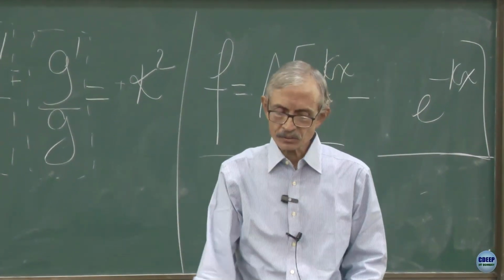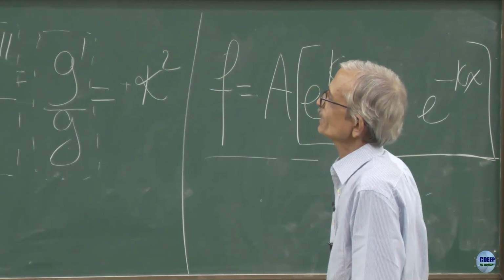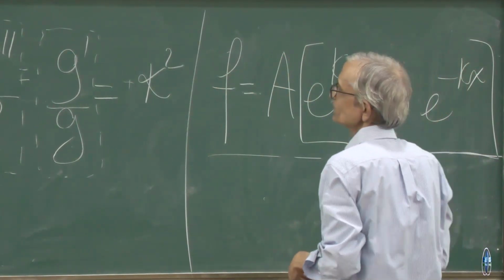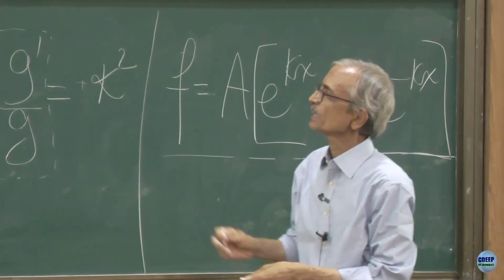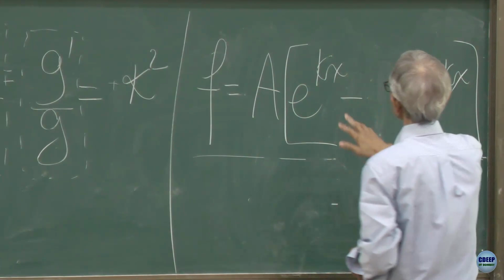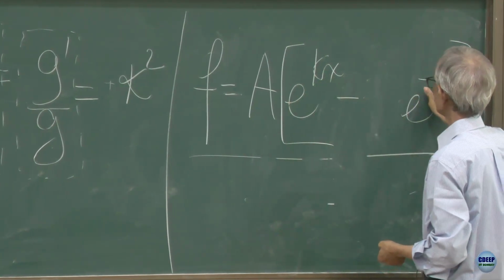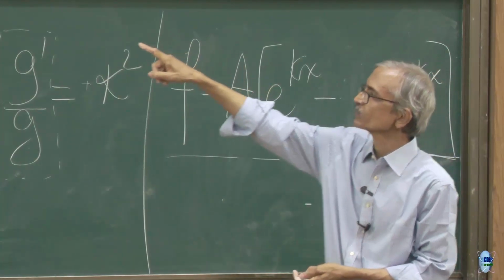The second condition was f prime is equal to minus hf, and there's a little bit of algebra that you need to do. f prime, if you take the derivative of this, is going to give you k e to the power of kL minus k e to the minus kL. So this negative becomes a positive.